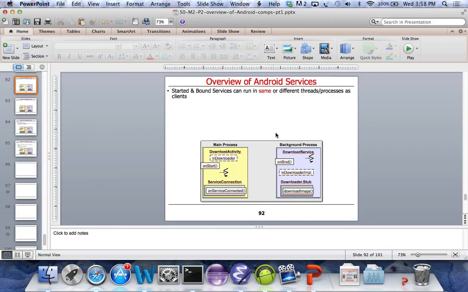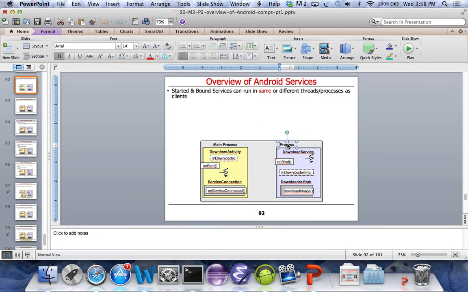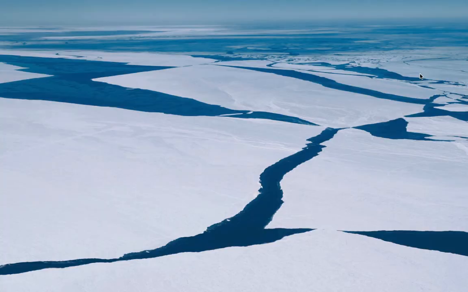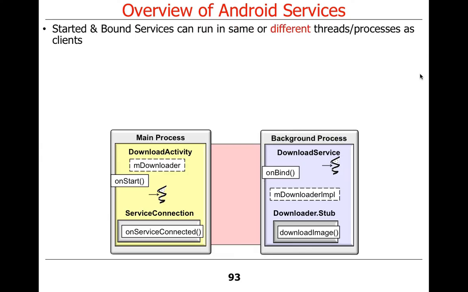This should just say main process, because that's what that is. So they can either run in the same process, or the service can run in a separate process. So we'll talk about why you would want to do this, and we'll also talk about how you would do this.